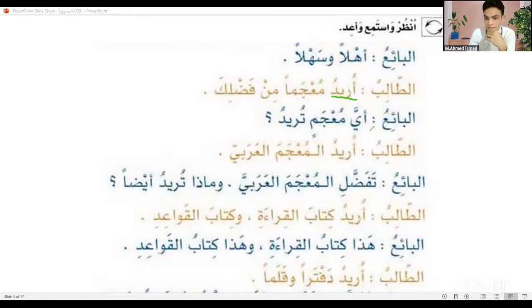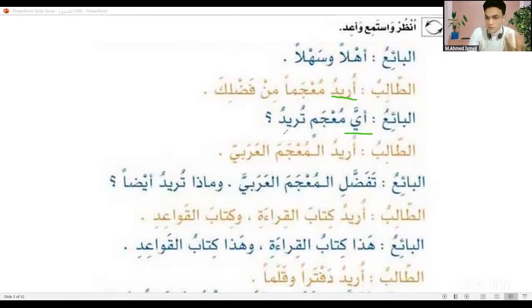And then البائع said, أي معجم تريد. The word أي, I think we also mentioned before, means which. It's a question word. For example, أي وحدة سهلة, which unit is easy. And أي كتاب تحب, which book do you like. أي قلم تكتب, or بأي قلم تكتب, by which pen do you write, and so on. So أي in general means which.